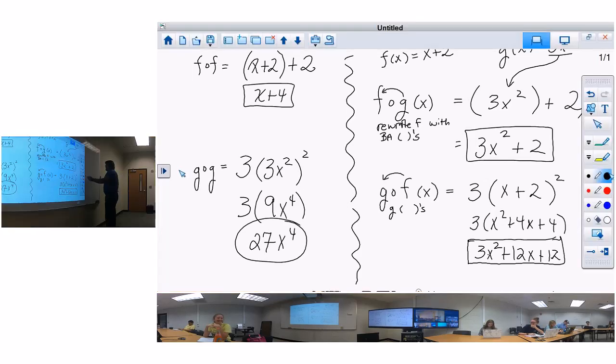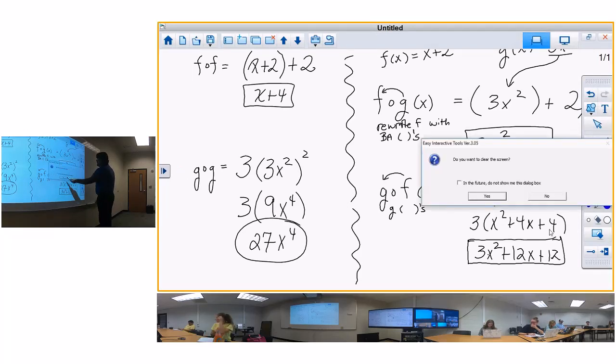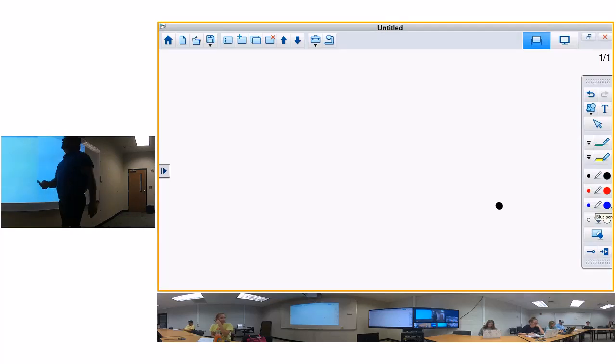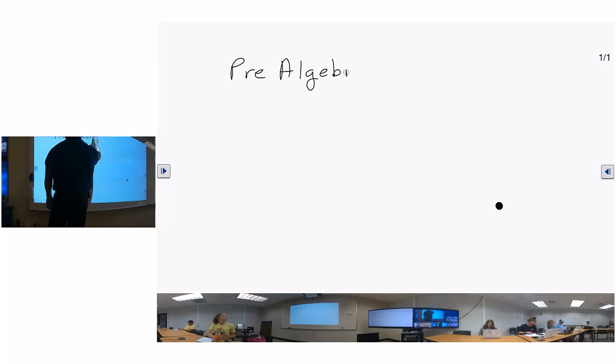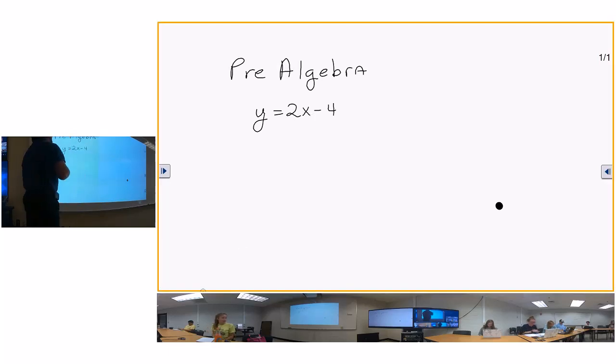Next, here's where you get into some of the things that you get confused about. Back in pre-algebra, you were told, let's give you a real simple problem: y is equal to 2x minus 4. Okay? And you were told to graph it.